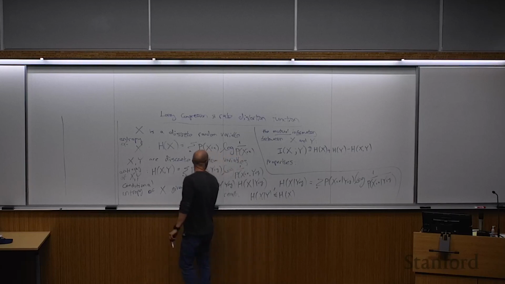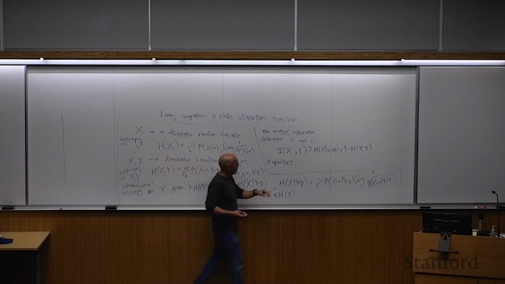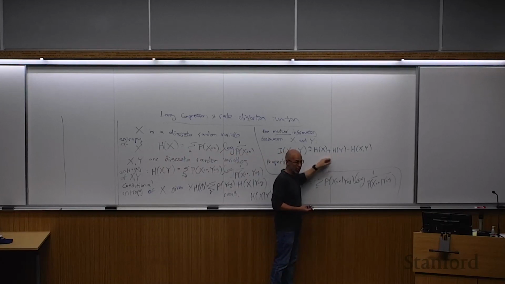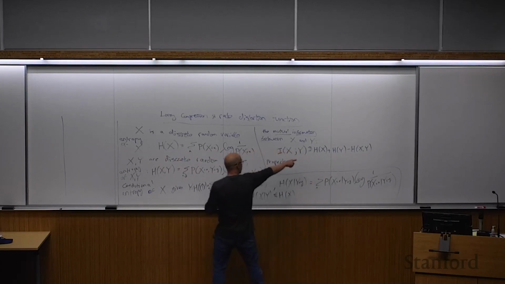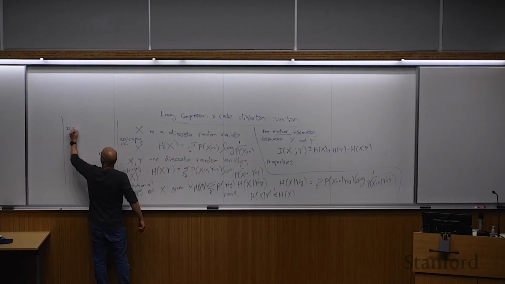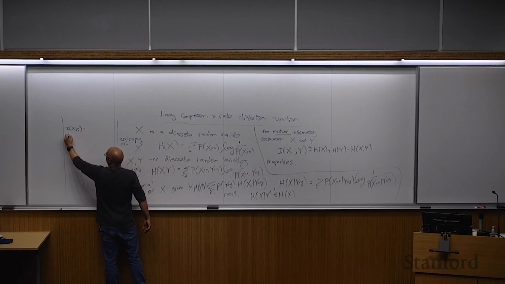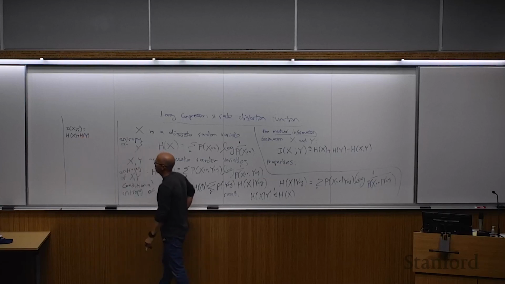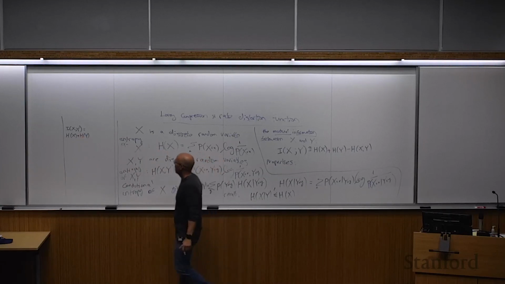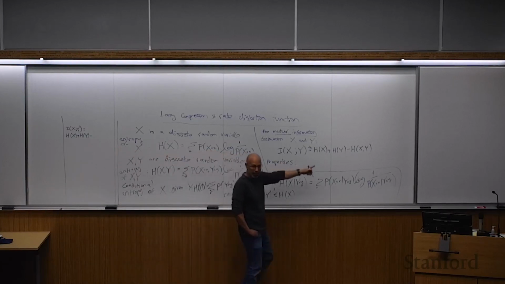So let's look at one alternative representation for mutual information. I'm looking at the mutual information, and it's equal to the entropy of one of them plus the entropy of the other, minus the joint entropy.